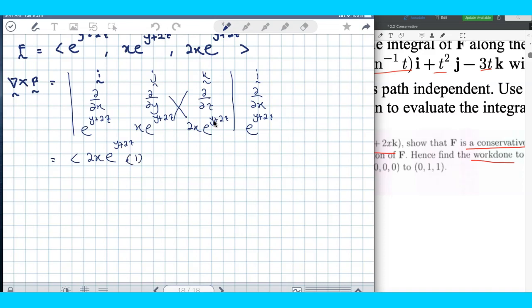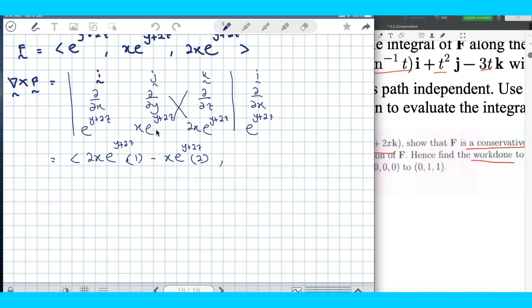So that is del y of 2x e to the y plus 2z. Minus, and differentiate this with respect to z: minus x e to the y plus 2z, multiplied by 2 because you differentiate with respect to z.